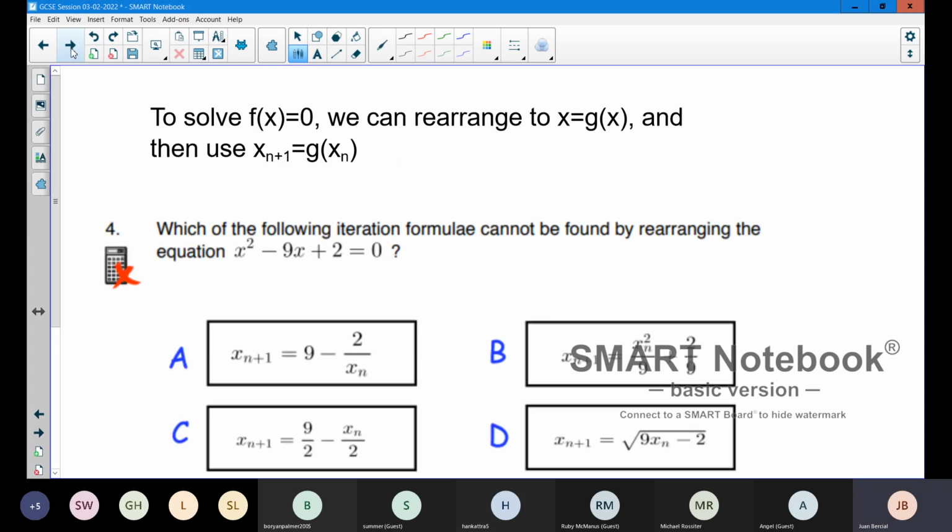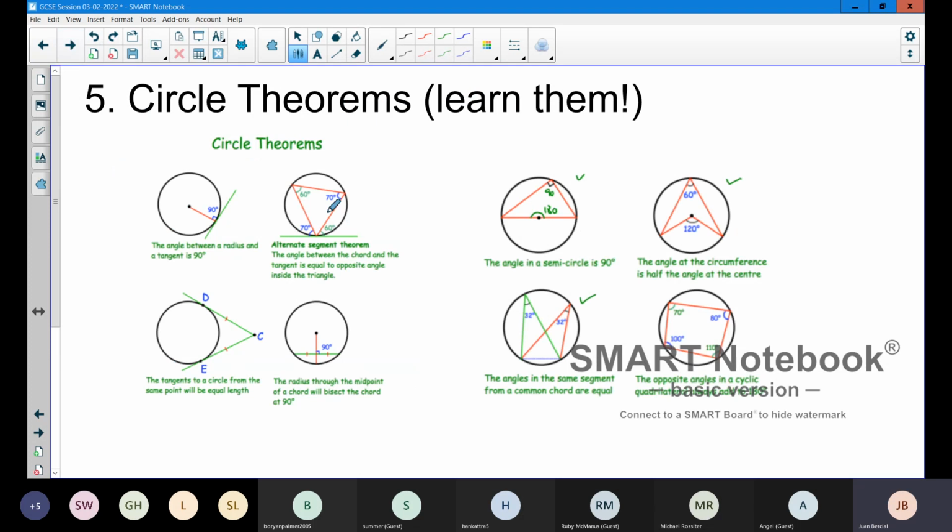Just before we finish, a very quick reminder of the circle theorems. You have to learn them. The angle between a radius and a tangent is 90. Tangents from a point have equal length.